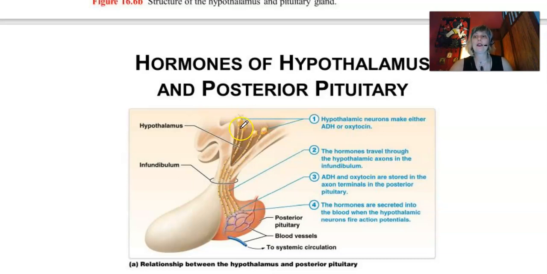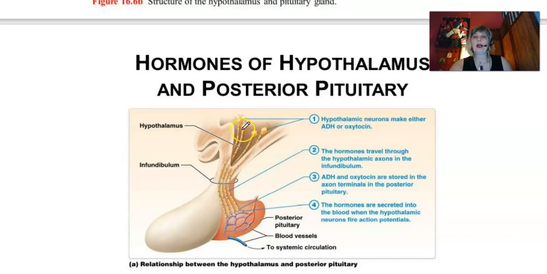So we have paraventricular nuclei that produce the oxytocin, which moves down the axons, the nerves, and communicates with the circulation. And so, therefore, the hormones can be released systemically into the bloodstream to have an effect elsewhere.